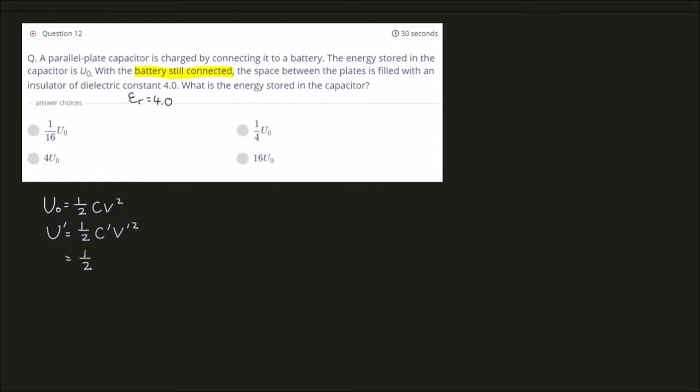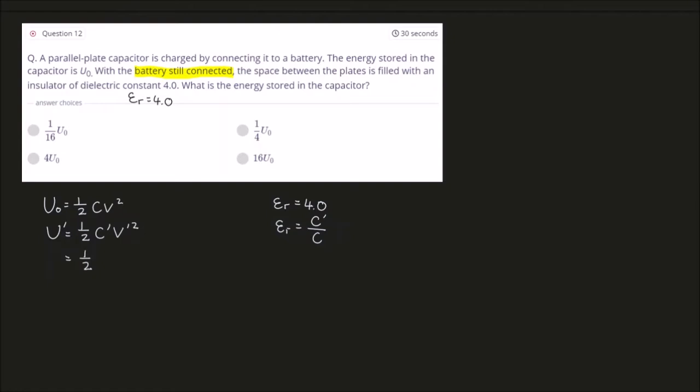So the capacitance will definitely increase because we know that the dielectric constant is equal to 4.0. And because the dielectric constant is just the ratio of the capacitance with dielectric over the capacitance without dielectric, in our case we call it C prime over C. Okay, C prime has dielectric.